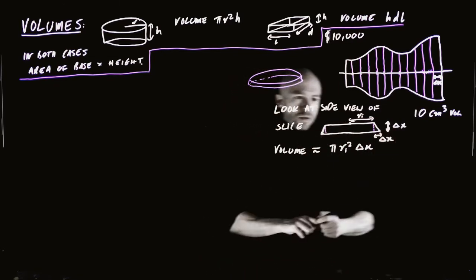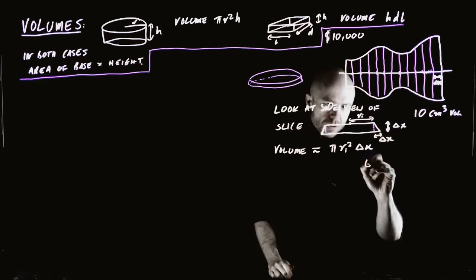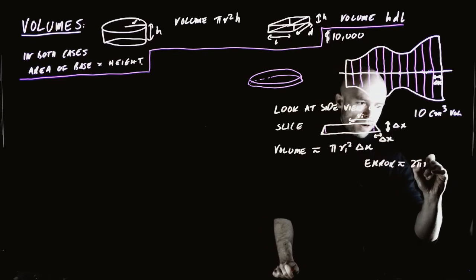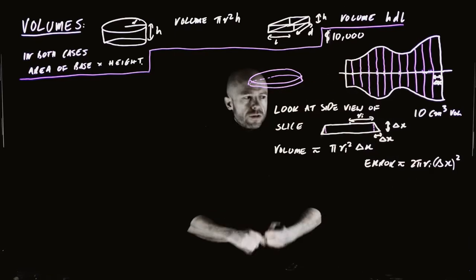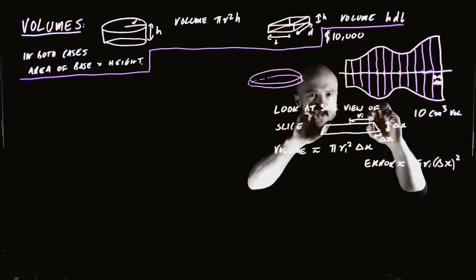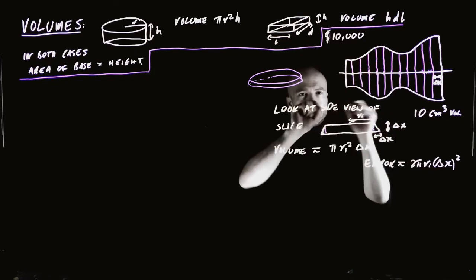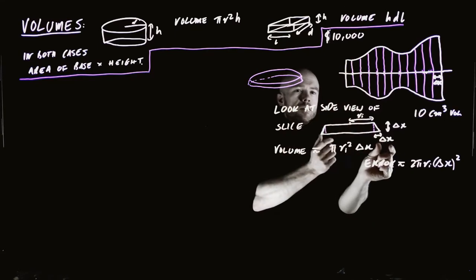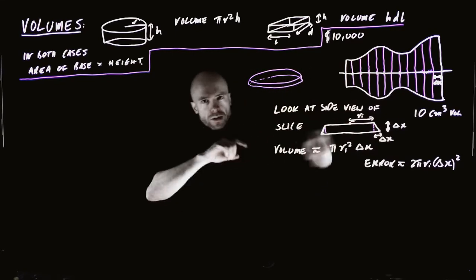So the error is of order 2 pi Ri delta of x squared. Give yourself a second to convince yourself that this is correct. The only error is these little pieces, which are contained within a circular band around the outside, where the thickness of the circular band is delta of x, and therefore the total volume of the circular band is like delta of x squared times the perimeter.